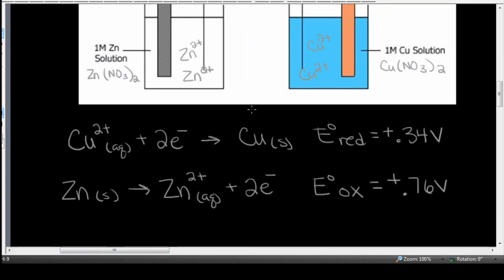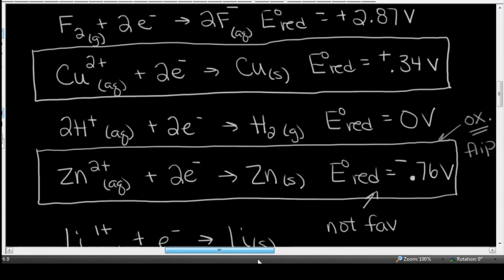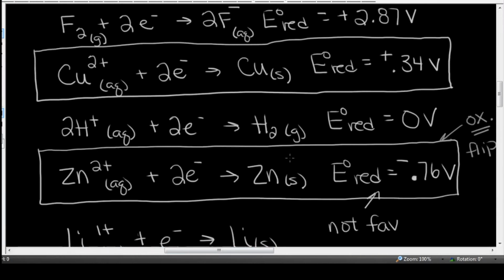So basically all you do is you look at the 2 metals that are put into your electrochemical cell. You look on your left side, you look on your right side, and you look at their reduction potentials. You take the more negative one and you reverse it, or the smaller positive one and you reverse it if they're both positive, because that means that it's less likely to occur.